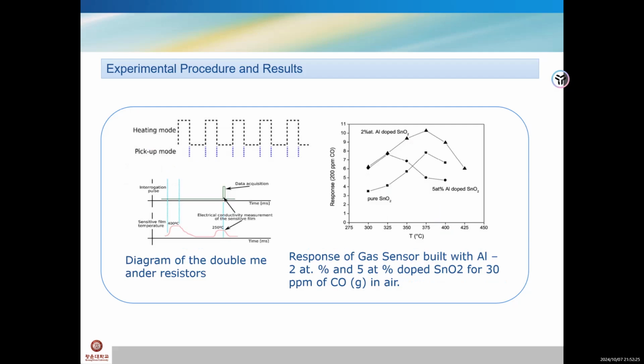And this is the experimental procedure and results. And the third process, a diagram of the double Meander resistors.